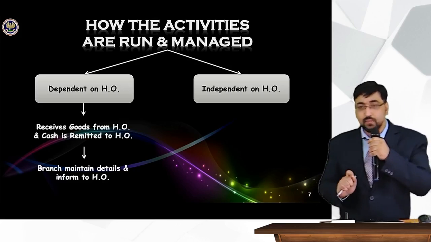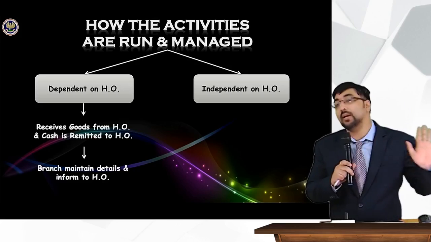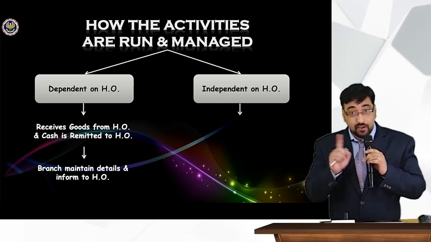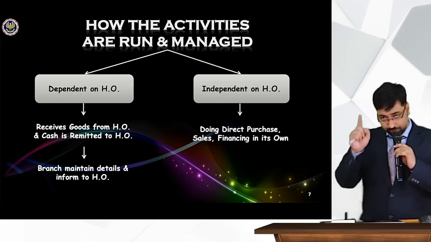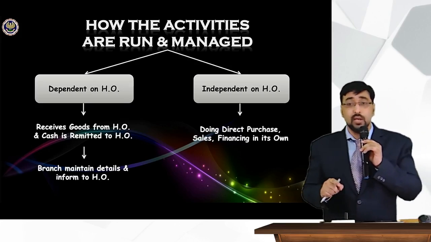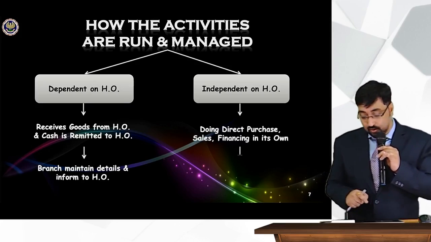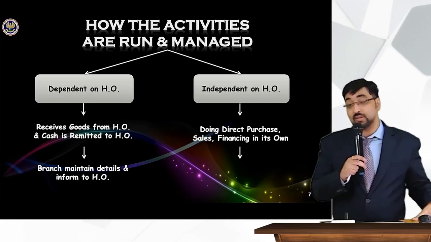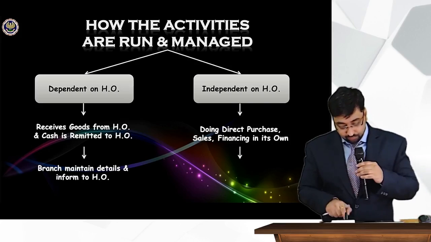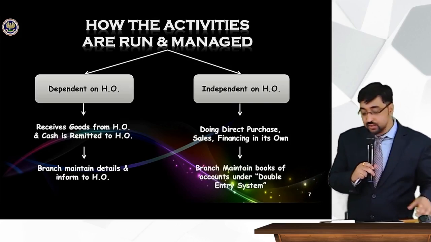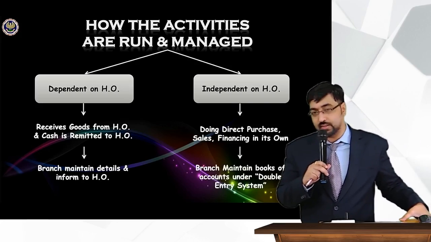This is very simple, in which books are not maintained by the branch. But in case of an independent branch, who will maintain books? The branch will maintain books, and direct purchases, sales, and financing of its own transactions are by the branch only. So the branch maintains books of accounts under the double entry system.